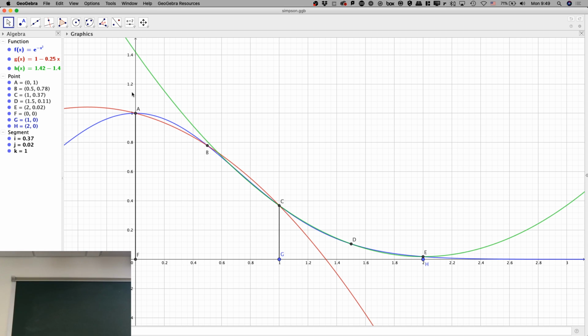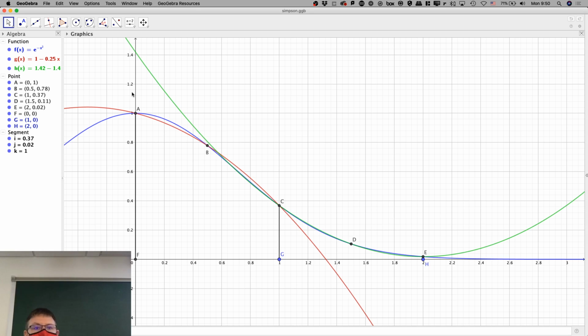Well, who says I can only use lines in this class? A linear interpolation is good. Can we do better? What would be one step up from linear? Quadratic. So Simpson's rule is doing quadratic interpolation. I'm going to approximate the curve with a bunch of parabolic little pieces.